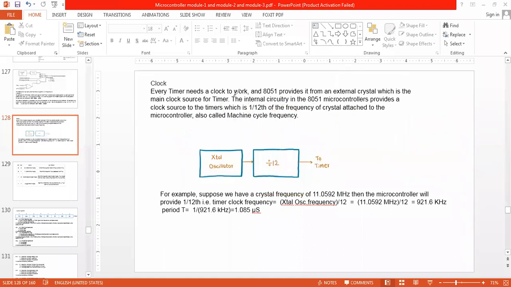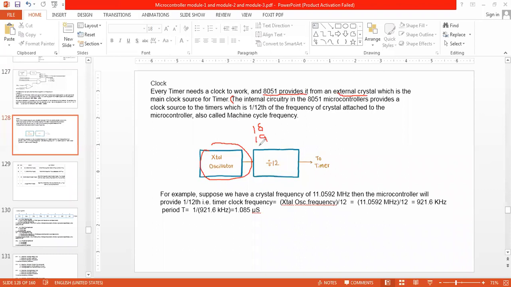Whenever you are asked to explain a machine cycle, you should say that the 8051 has an external crystal connected to pin number 18 and pin number 19.